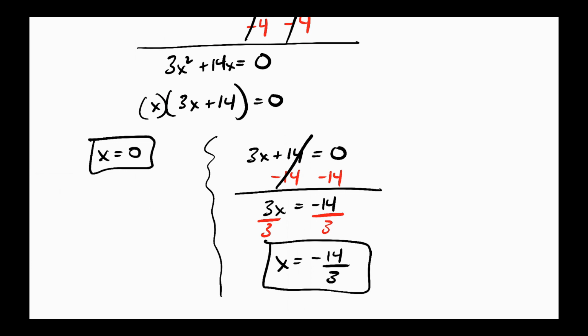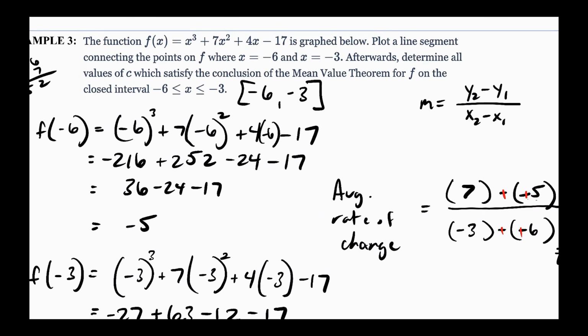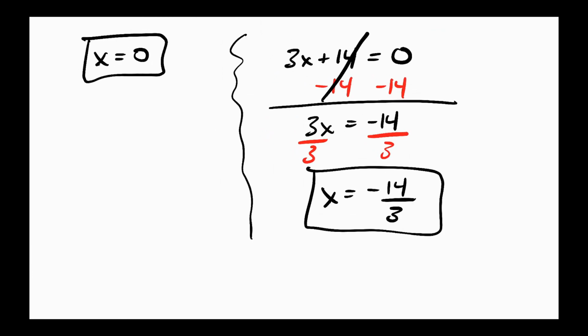All right. So those are my values of c where I would have the same slope as I did from negative 6 to negative 3. I had a slope of positive 4 there. So we've got a couple of questions we have to ask. Which ones are my answers? Are both my answers?